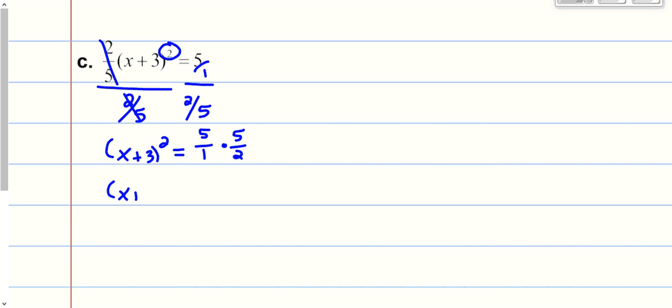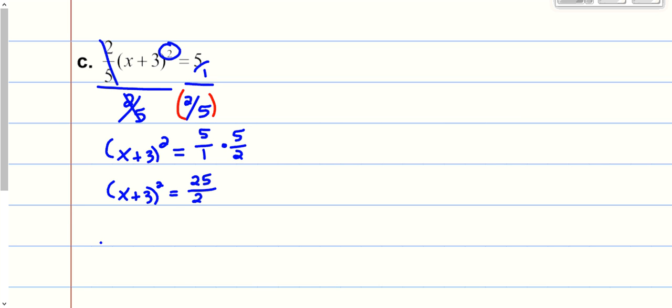So now I have (x plus 3) squared equals 25 over 2. You can put it in your calculator as well. Just make sure when you put it in your calculator that you put that 2/5 in parentheses. It's going to make a big difference.